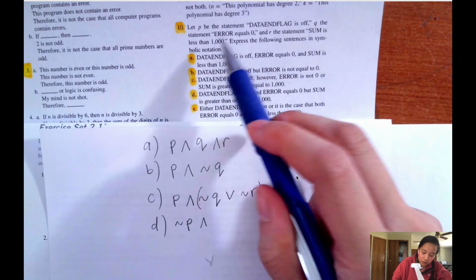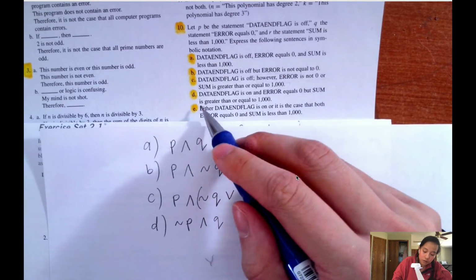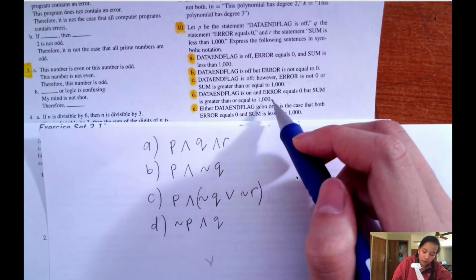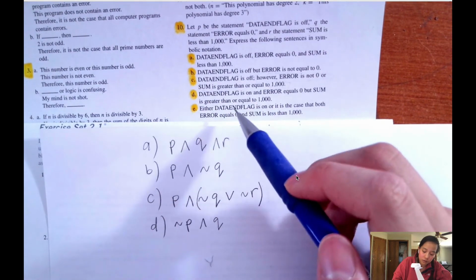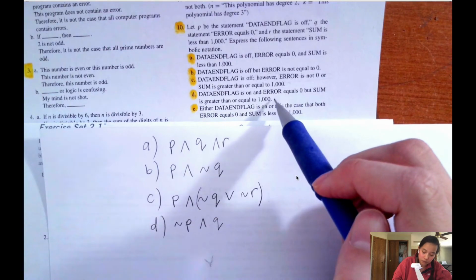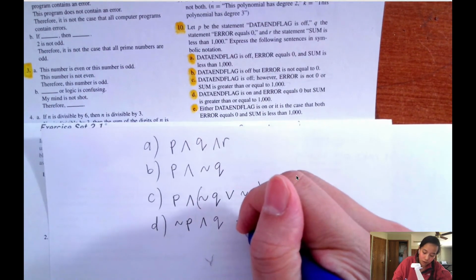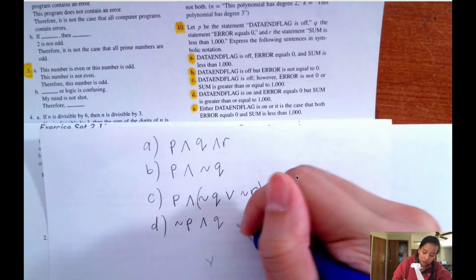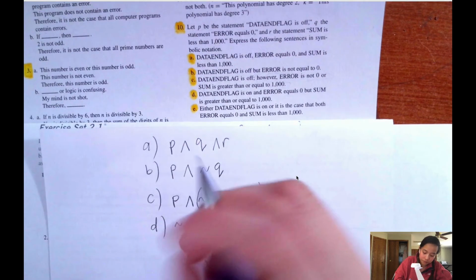Okay, that's the same thing as Q. Error equals 0, so and Q. But sum is greater than or equal to 1000. Greater than or equal to is the opposite of less than. So we know that the sum is greater than or equal to 1000 is the opposite of the sum is less than 1000, so it's the negation of R. And remember that but is the same thing as and, so we would say and negation of R.